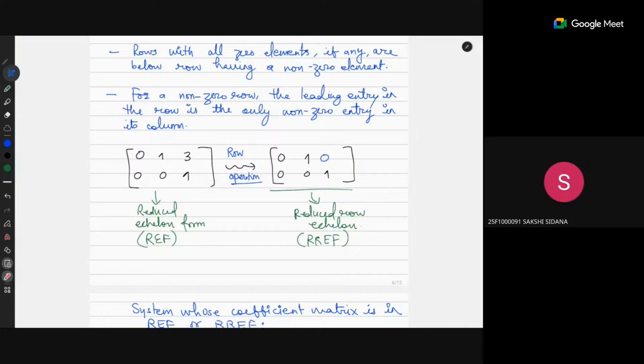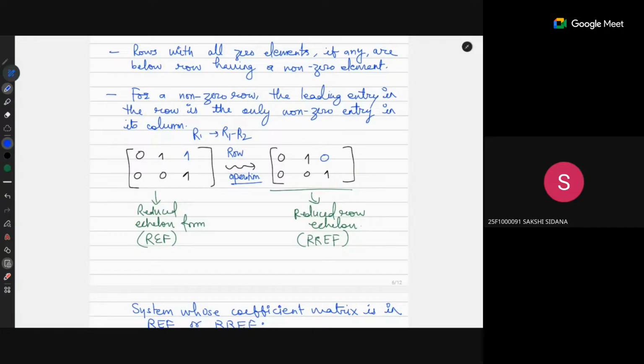My question is, if instead of 3 there is 1, and you try to convert it into RREF form. Okay. Suppose there is 1. Then I will tell you what row operation you will do. You will change your R1 to R1 minus R2. So you will get 0 back. That is what you do.